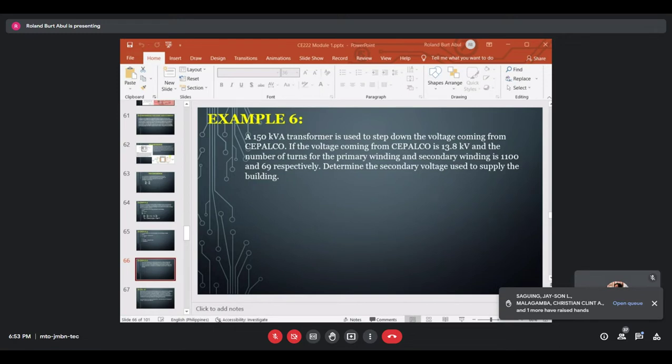Sila ron nag-solve? Lendi. Unsay imong answer sa secondary voltage ani? 220, sir.